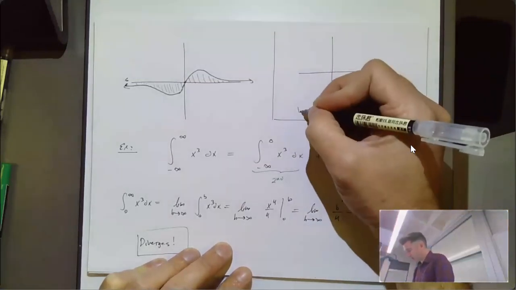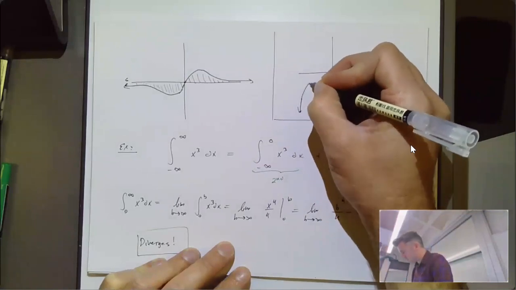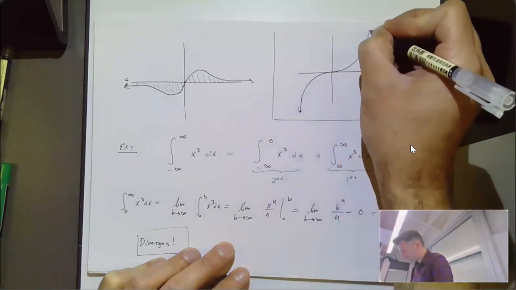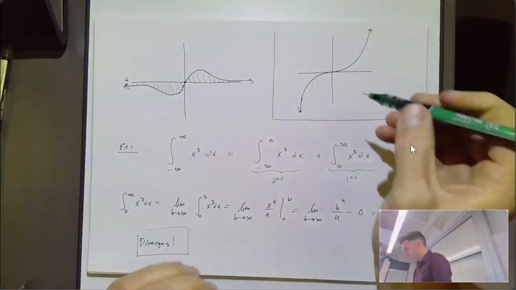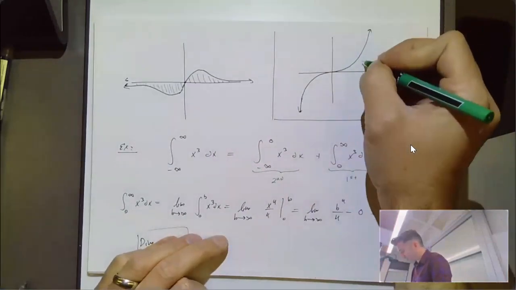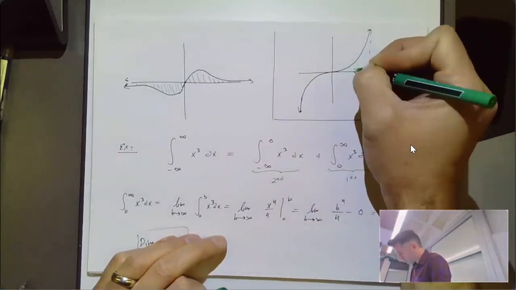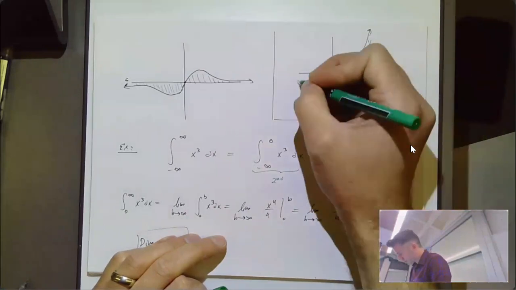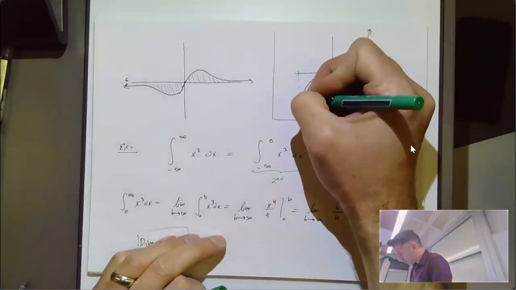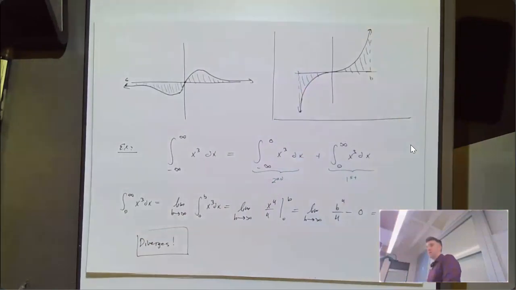This function looks like this, and this area under the curve to the right, like this area over here, I've seen people say that those cancel out. That is incorrect as far as I have ever learned, ever been taught, ever taught people.